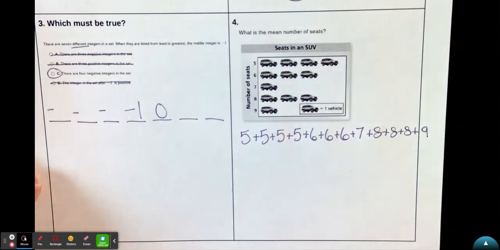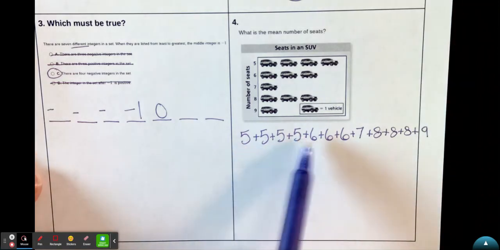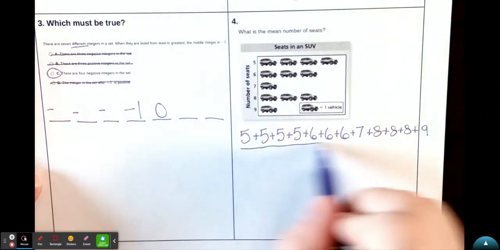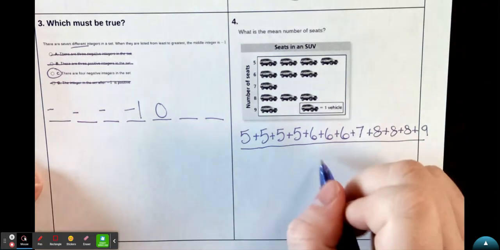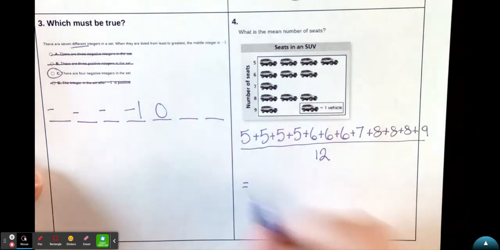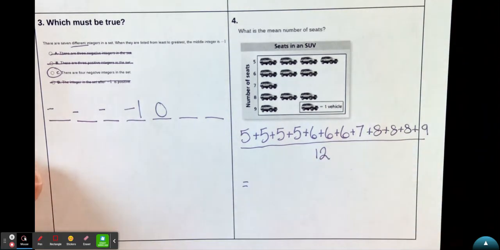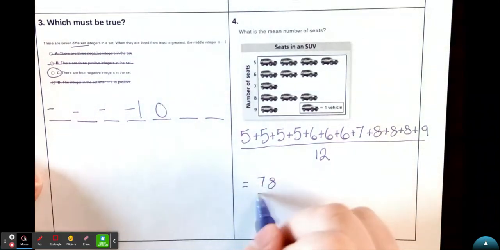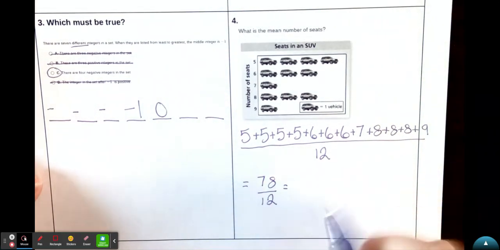And again, we're going to count and make sure we have 1, 2, 3, 4, 5, 6, 7, 8, 9, 10, 11, 12. After we add those all together, what do we do? Divide by 12. Okay, when we add all the numbers together, what do we get? 78. Okay, divided by 12, 6.5.